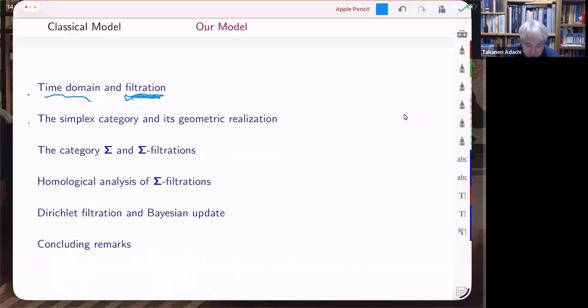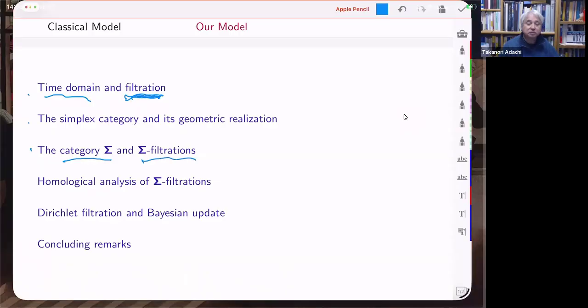This category sigma is a key concept of today's talk, and it represents our time domain according to our intuition. The sigma filtration is the probabilistic filtration over this category sigma. Next, we make a homological analysis of this sigma filtration.